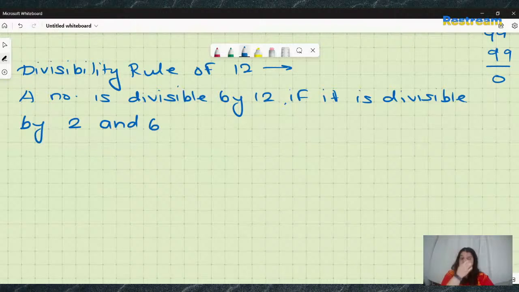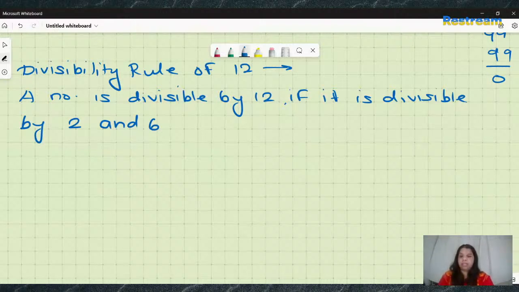So here we are going to apply two different rules to see if the number is divisible by 2 and 6. If it is divisible by 2 and 6, we are going to say that it is divisible by 12. It's very easy, right? Same as 6.